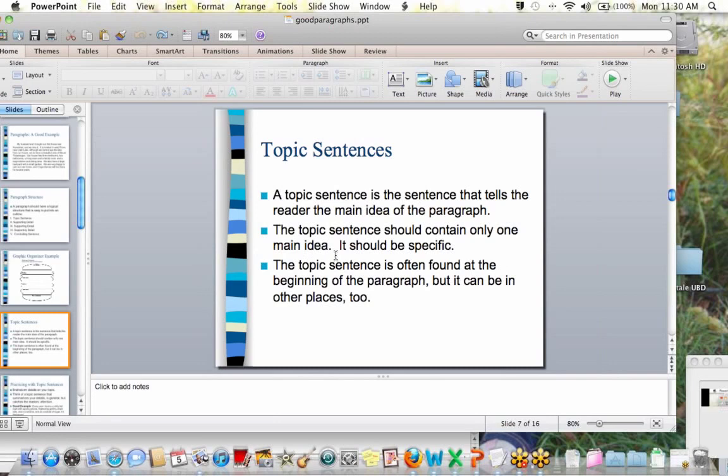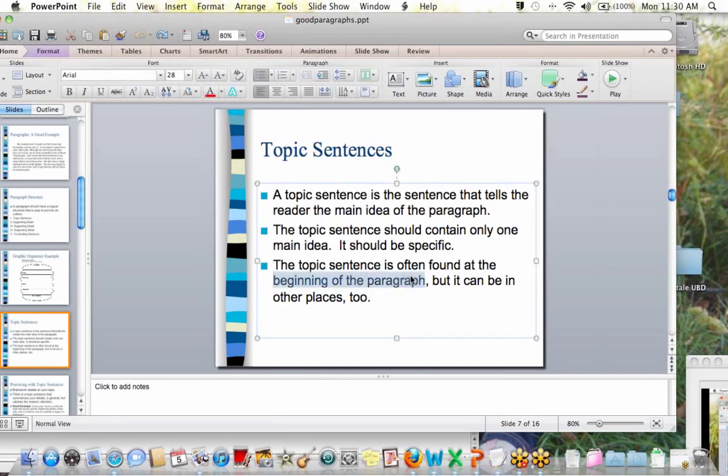So in other words, I'm not going to write a paragraph about my house, my car, and a deer all in one. It's going to be just about my house or whatever the main idea is. It's usually found at the beginning of the paragraph. For the sake of making it a little easier for you, just remember, at least for now, to start it at the very beginning.